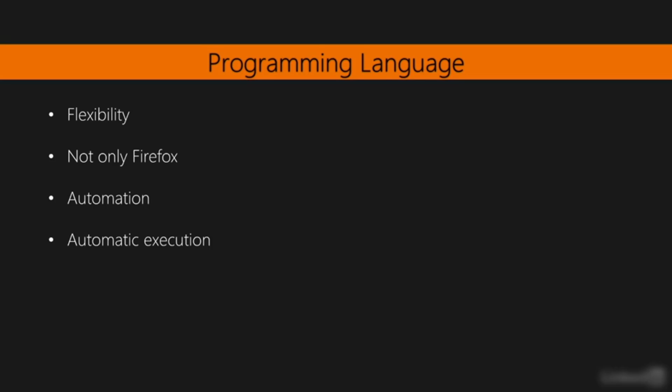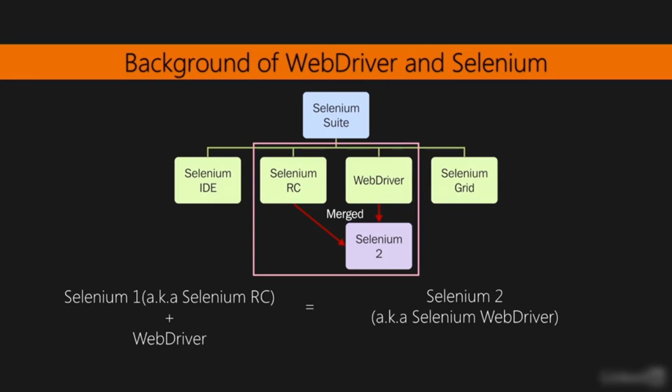In the previous section, we discussed that Selenium IDE was a place to start, but not a place to stop. WebDriver is the place to continue after Selenium IDE. WebDriver is the result of merging two competing projects that solved the same problem, the control of a web browser remotely.